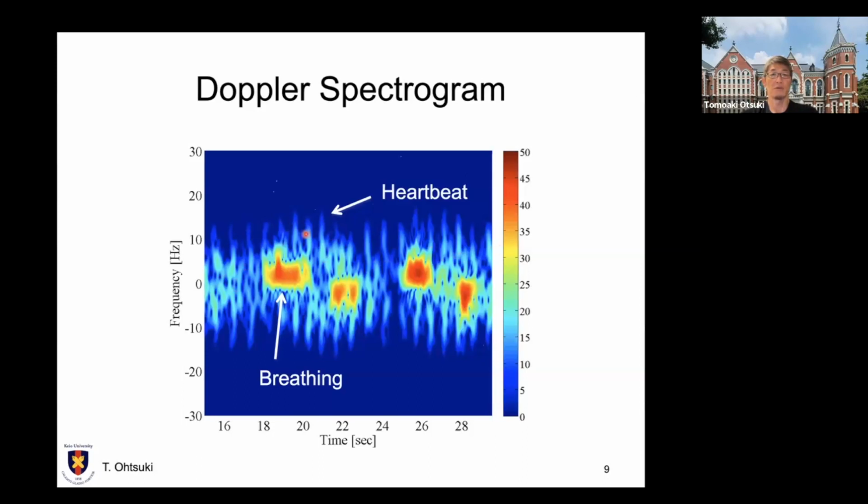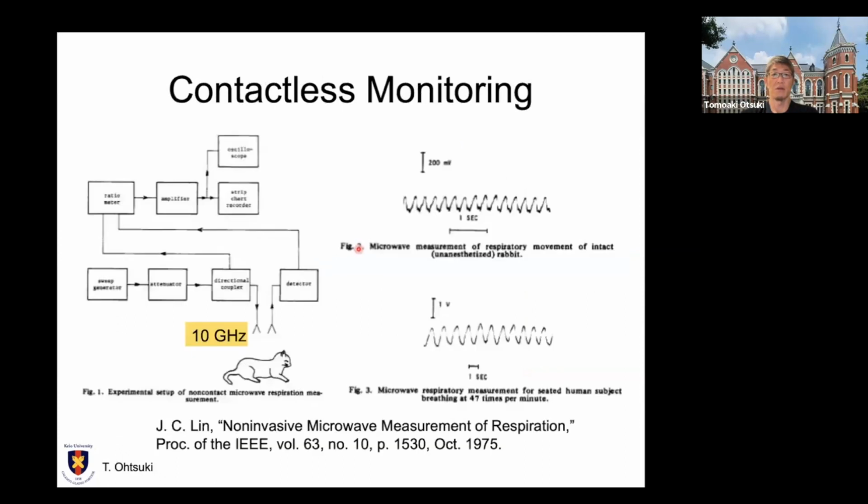This is due to the heartbeat. So from this, you can see that we can detect the heartbeat and also the breathing. Of course, if the signal is clean, like this one, it is relatively easy. But as I mentioned, it can be easily contaminated by noise, such as body movement. So that's a very challenging part.